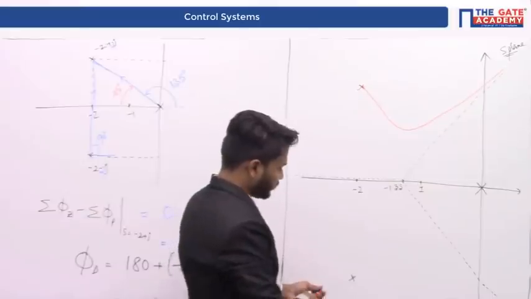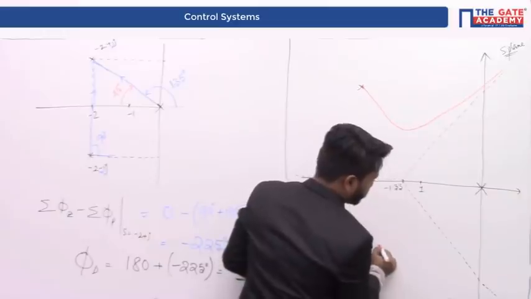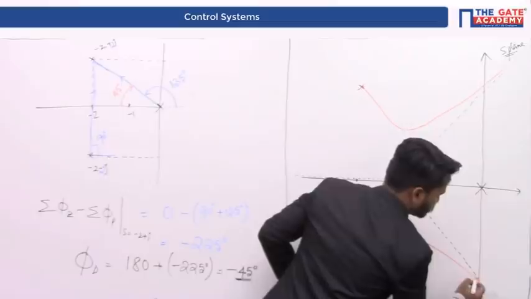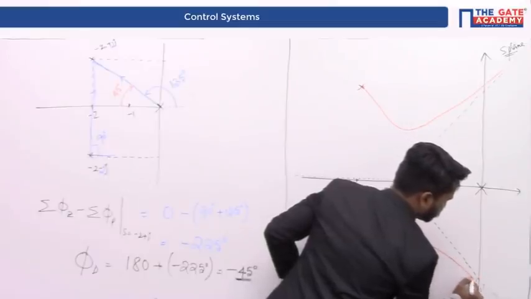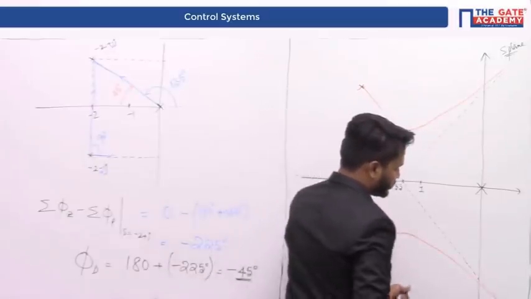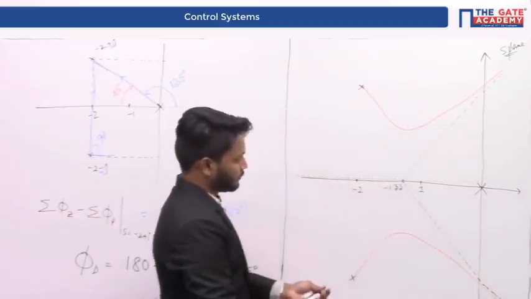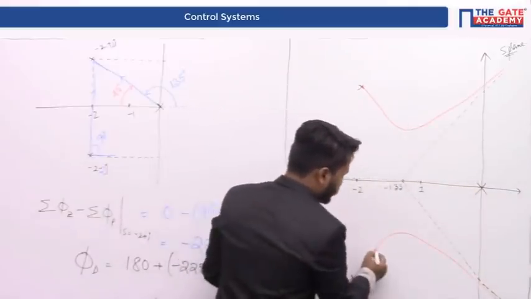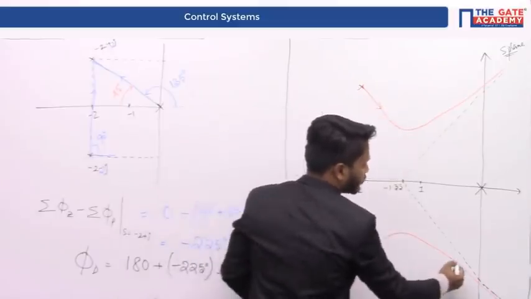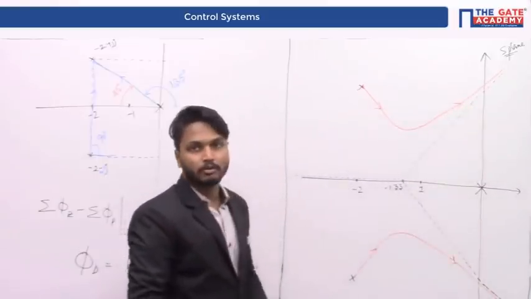Therefore, the root locus for this particular pole is going to be like this. So later on, it is going to follow its asymptote in this manner. Right? Therefore, this pole departs at 45 degrees, whereas this pole departs at minus 45 degrees, and later on, they'll follow their corresponding asymptotes. This is how the root locus is going to be.